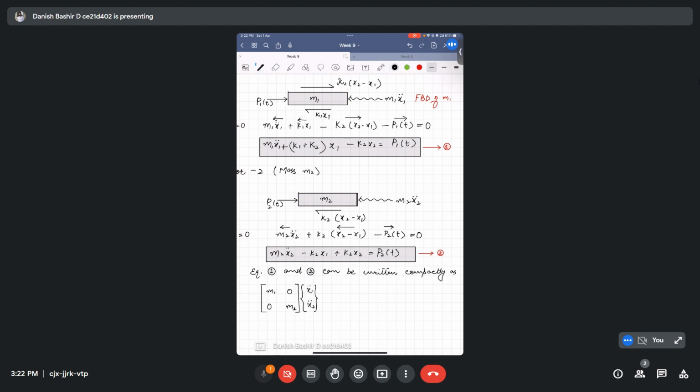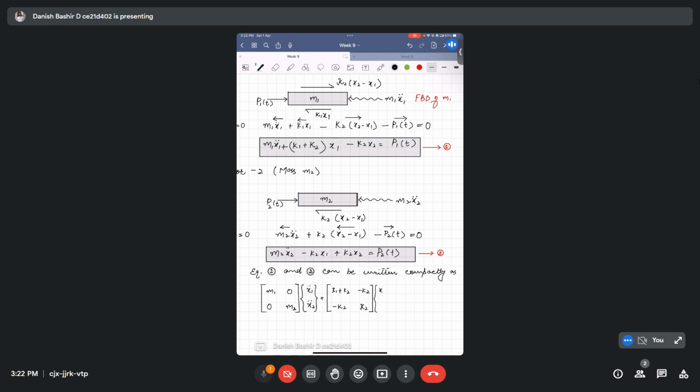Plus then we have the stiffness matrix. The first row will be k1 plus k2, minus k2, and then minus k2, k2. I will tell you how these came about.